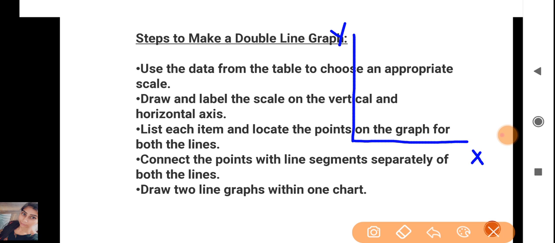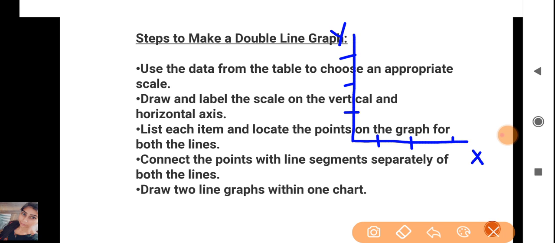You need to observe the values given for both the data, because in the line graph you are taking only one data, but for double line graph you are going to take two different values. So you need to compare which is the smaller one and which is the largest one, and according to that you need to locate the point. So again you need to assign the scales on the x-axis and y-axis.